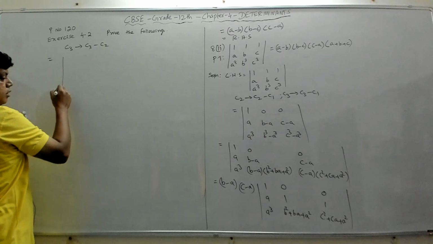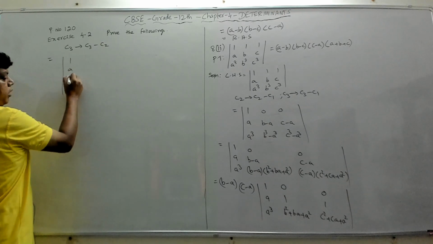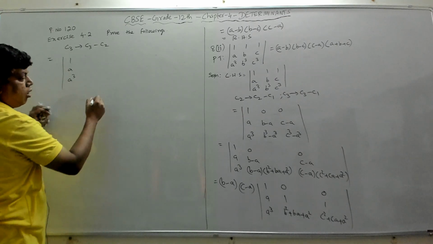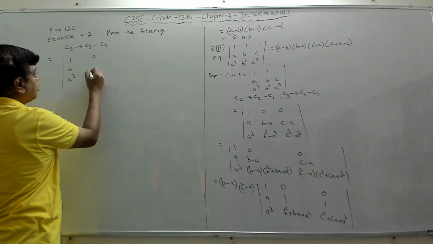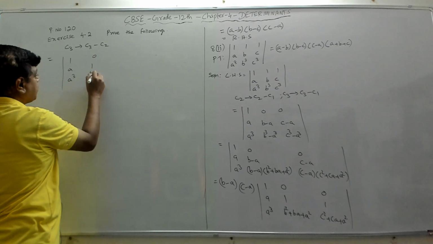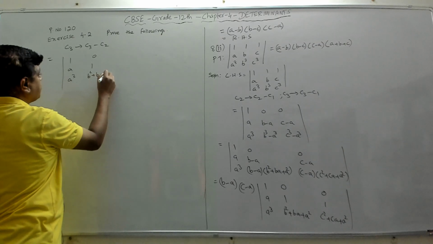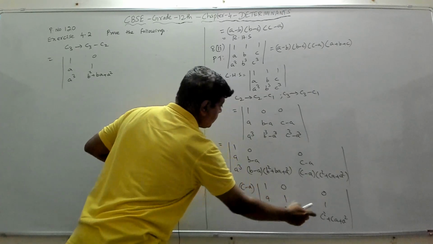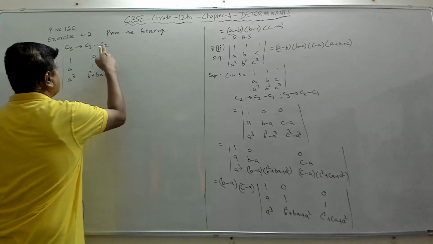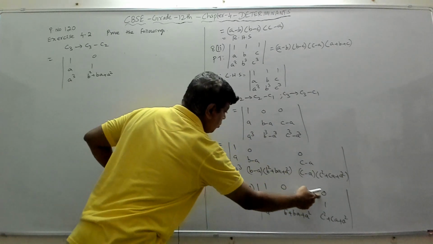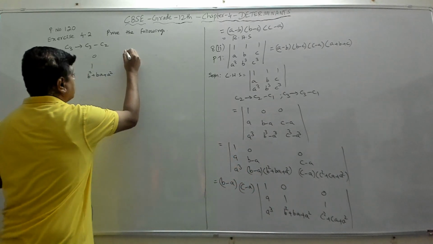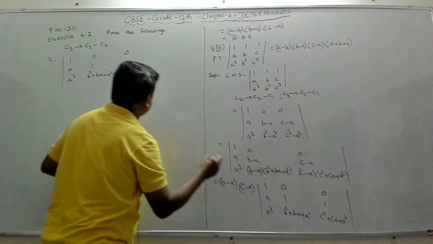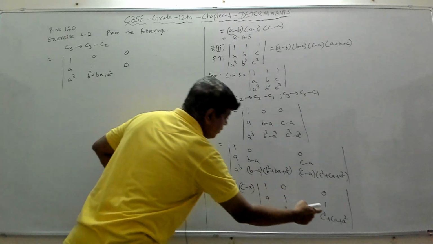If you do that, there's no change to my column 1. My column 2 also no change, 0, 1, B square plus BA plus A square. But this will become C3 minus C2. So 0 minus 0, 0. Then 1 minus 1 is 0. Then this minus this.